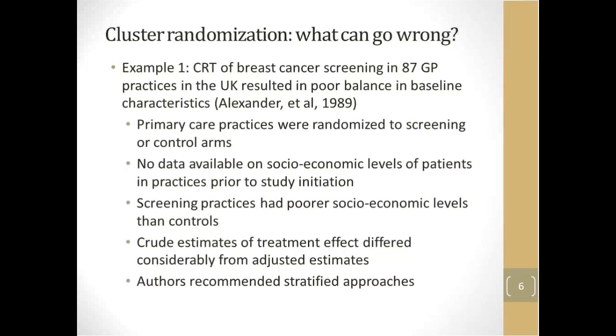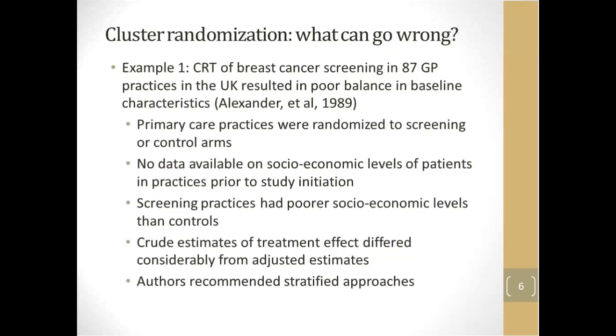One arm was randomized to cancer screening for breast cancer, and the other was a control arm. Now, a key issue here is that at the time of randomization, there were no data available on patient characteristics in those practices. And specifically in this case, there was an issue around socioeconomic level.